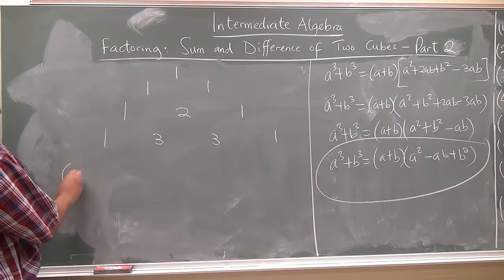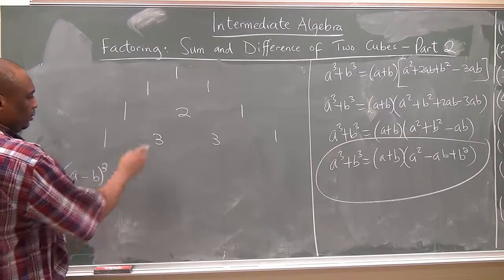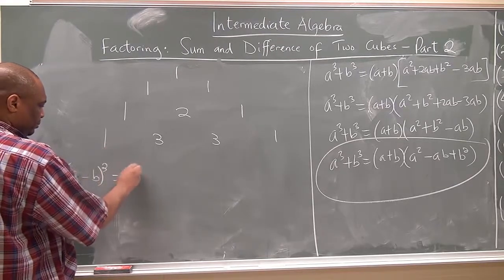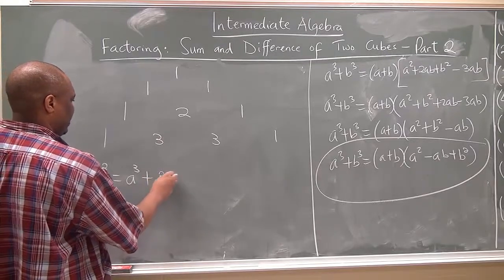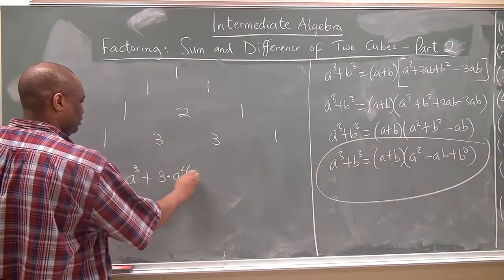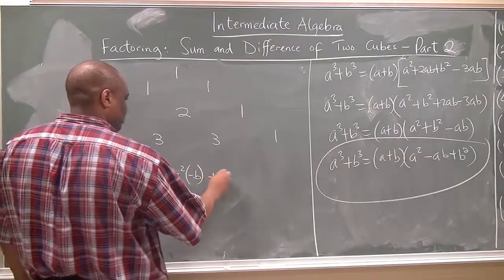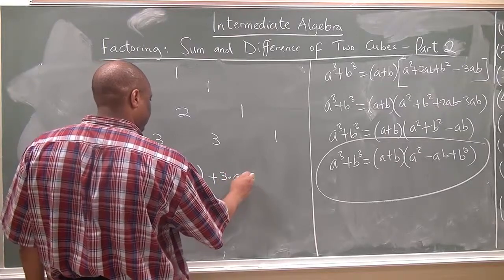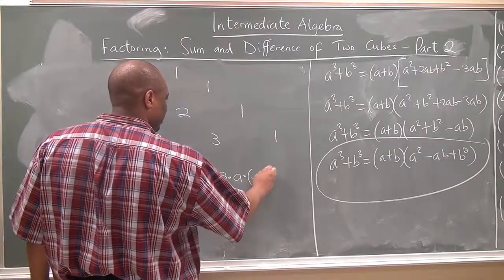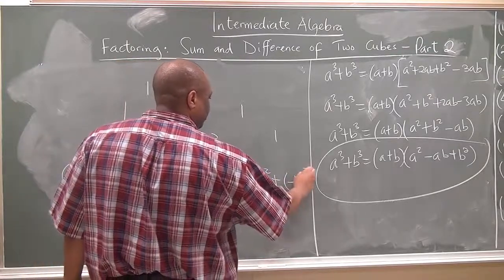So I have that a minus b all cubed will be a cubed plus 3 times a squared times negative b plus 3 times a times negative b all squared plus negative b all cubed.